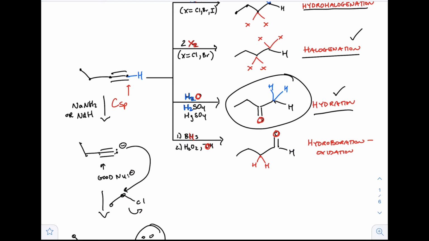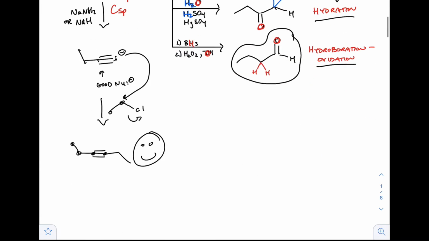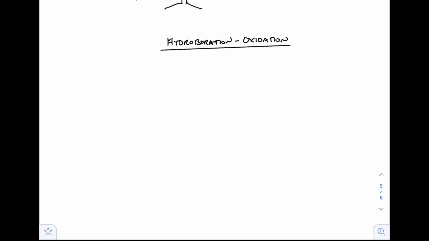All right. You probably have questions on that, so hit me up if you do. But that's the hydration reaction, and that keto-enol tautomerization is going to apply to both of them to give you the methyl ketone as well as that regular ketone. So, hydroboration and oxidation.